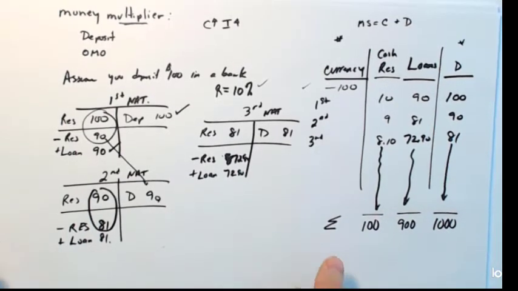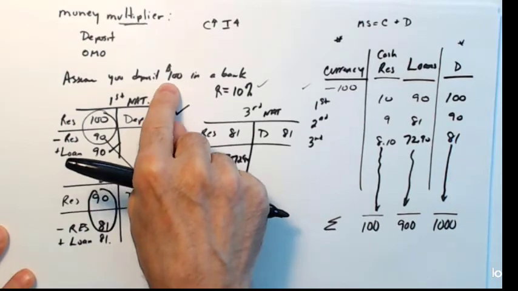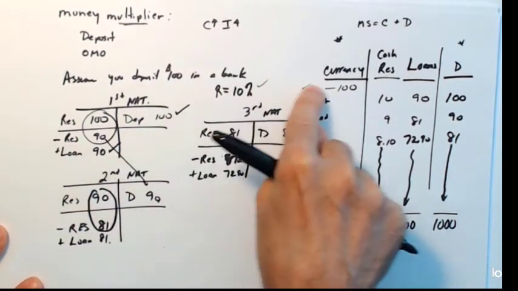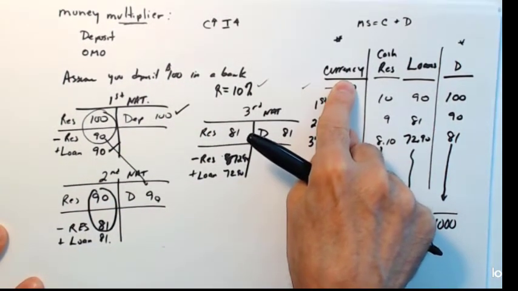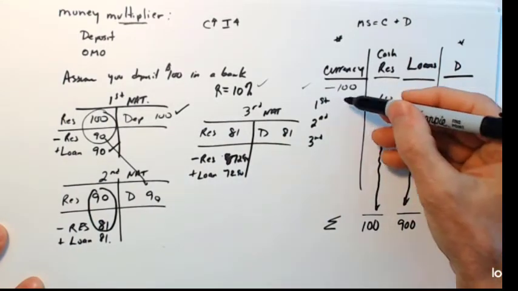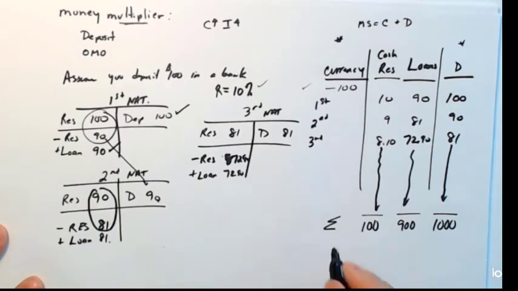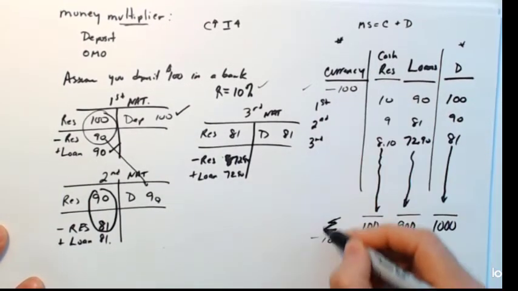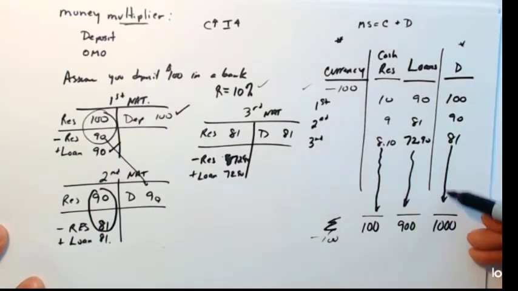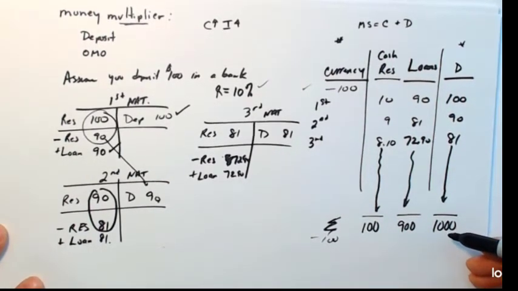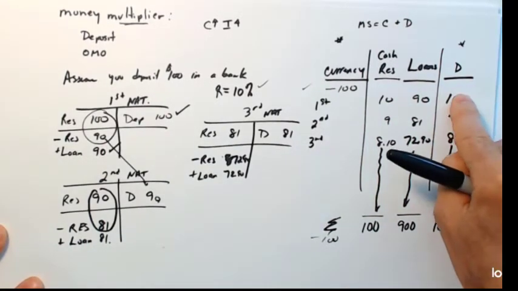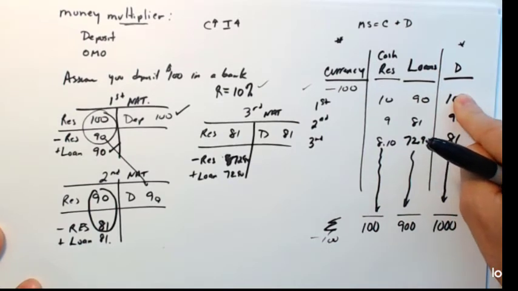So basically what we're saying is, look, you deposited $100. That's it. You took some money out of currency, and look what happened. The money supply dropped just by 100 because of this transaction overall. And we could put in a minus 100 here.